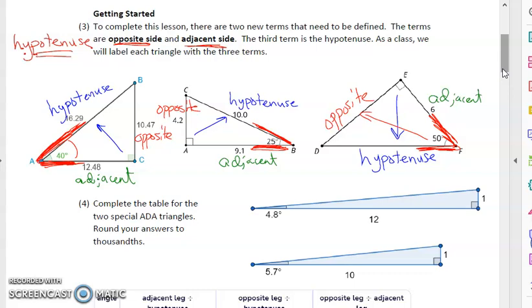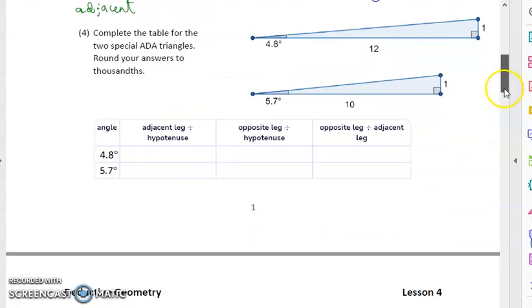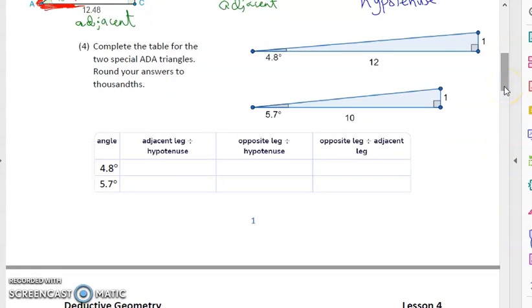So why are we doing this? Well, because when we get to trig, the three ratios or three quotients we're looking for involve three division problems. And these are the division problems. Adjacent side divided by the hypotenuse, opposite side or leg divided by the hypotenuse, and the opposite leg divided by the adjacent leg.